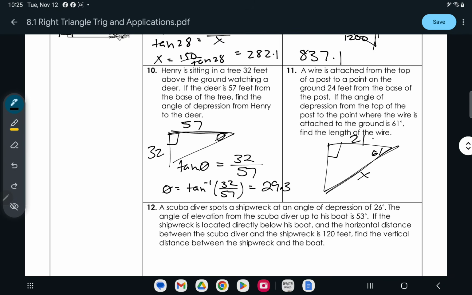So this is going to be cosine because we have adjacent and hypotenuse. So cosine 61 is 24 over x. So x is 24 over cosine 61. I definitely meant 24 right here. So that gives me 49.5.